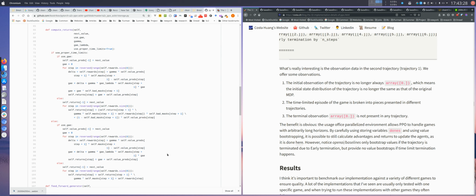Thanks. In Kostrikov's code, as you can see over here, it has this flag called use proper time limit. And I think that's what he's trying to address over here. Because OpenAI baselines only bootstrap values if the trajectory is terminated due to early termination, but do not bootstrap if the time limit termination happens. However, over here, it's also not doing value bootstrapping on time limit termination. I'm not exactly sure what he's trying to do over here, honestly.